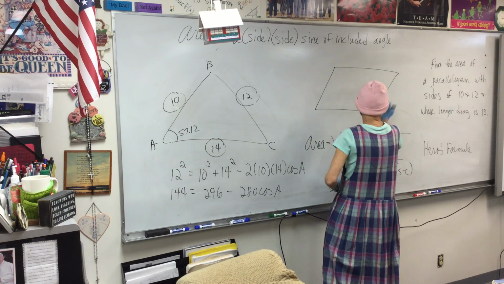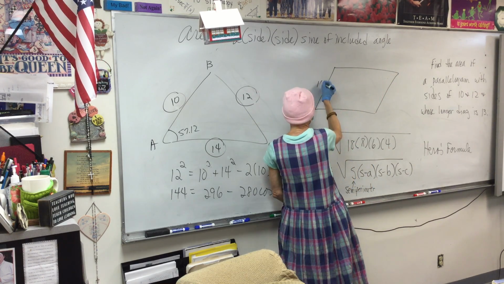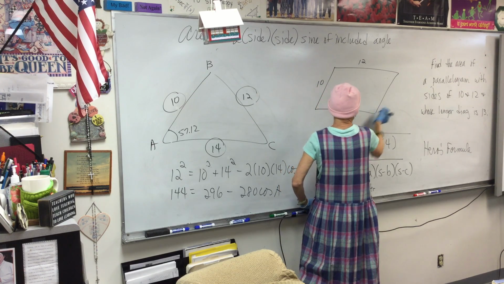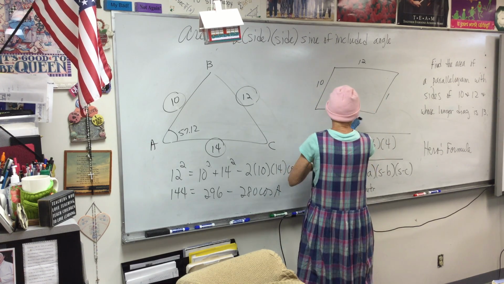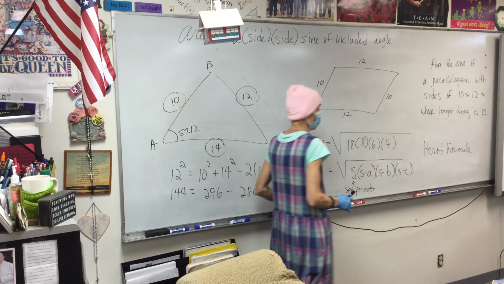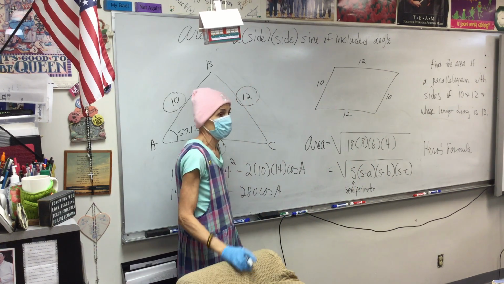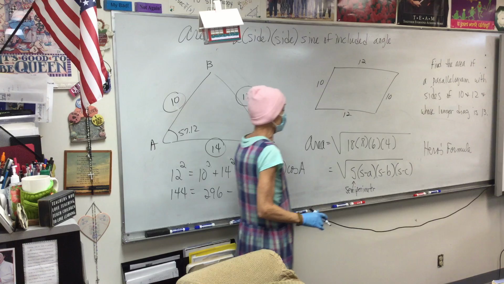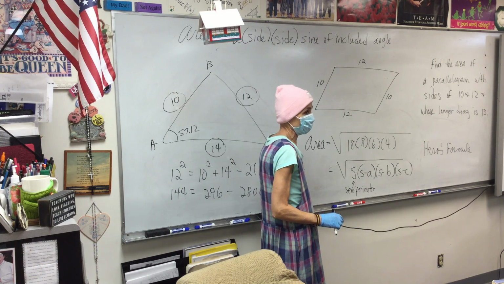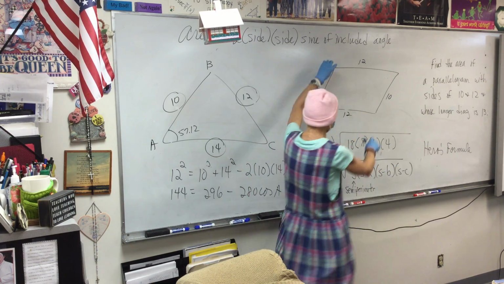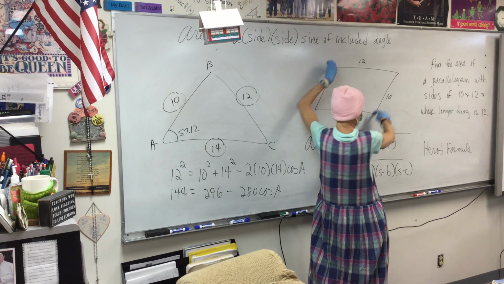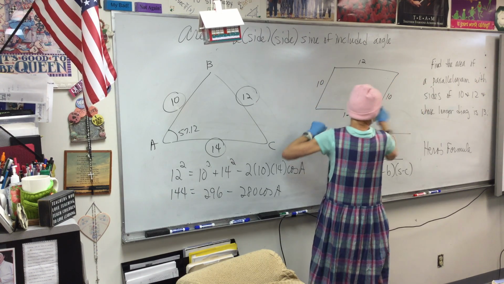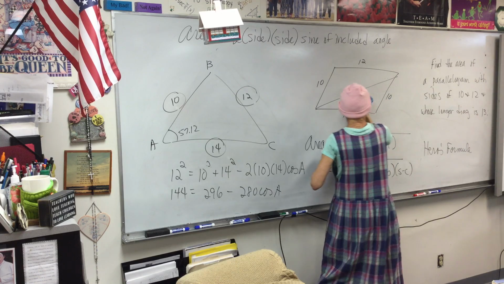Everybody remember what a parallelogram is? Opposite sides parallel and congruent. There's your parallelogram. How many diagonals does a parallelogram have? Two. Do you see how one is shorter and one is longer? So it says the longer one is 13.